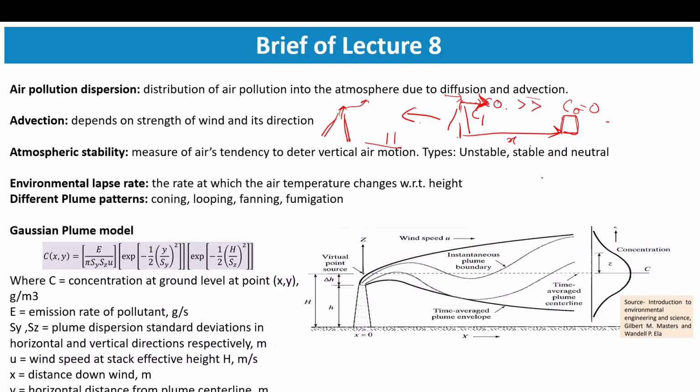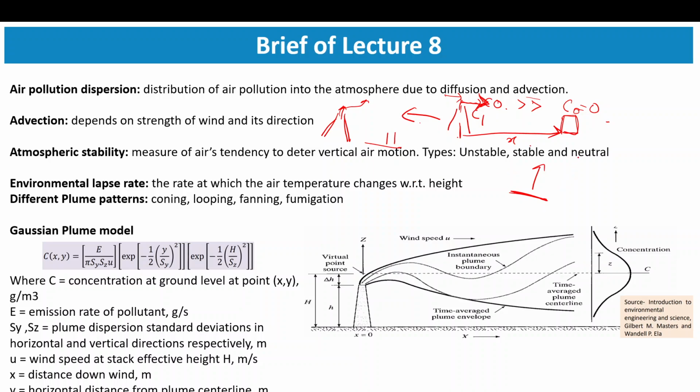Now, this upward motion of air can be affected by the temperature of the air and obviously the temperature of the emitted air stream as well. So, temperature gradient. If this is the Earth's surface, as you move upward there will be some decrease in the temperature of air, and that is known as the environmental lapse rate. The rate at which the temperature changes is known as the lapse rate.